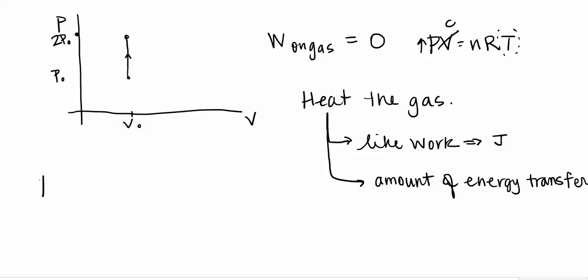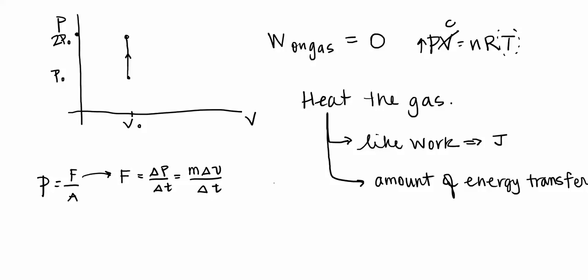Well, remember, pressure is force per area, and force is equal to change in momentum over change in time, and momentum is mass times velocity. So in order to increase the pressure, we have to increase the velocity. That means that the kinetic energy of the particles, the molecules, has to increase.